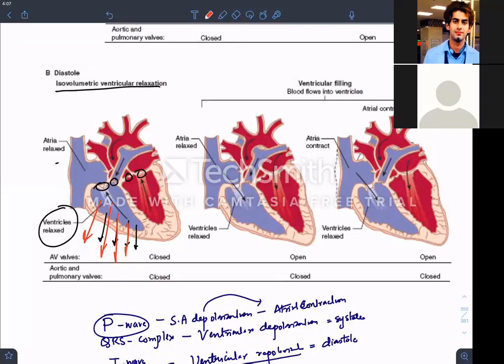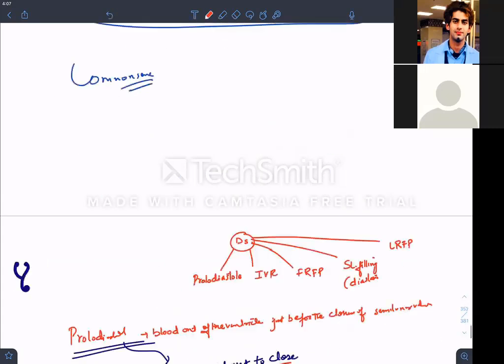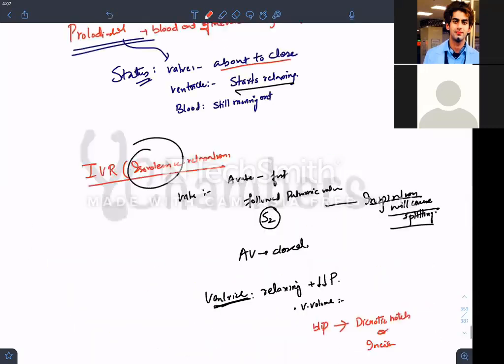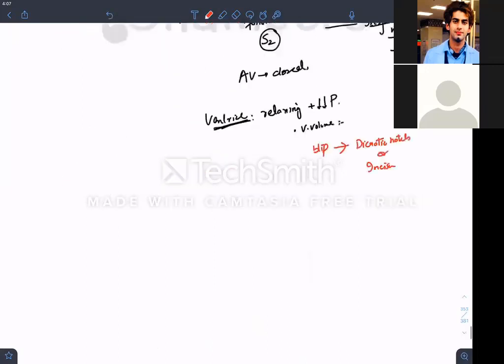So we will be reaching which phase? The first rapid filling phase. Are we moving with the phases? I hope we are not confused. We are moving in sequence, slowly. Even if it takes us months to study, we will understand it because it's important.